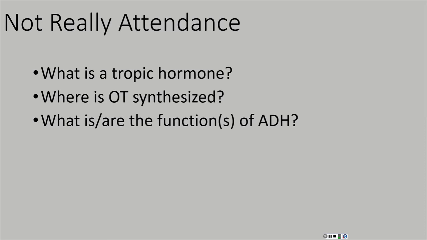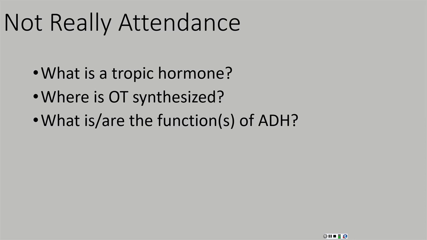And finally, what are the function or functions of ADH, antidiuretic hormone? Typically when we think about ADH, we talk about how it stimulates the creation of aquaporin type 2 so that we get increased water reabsorption in the late nephron.